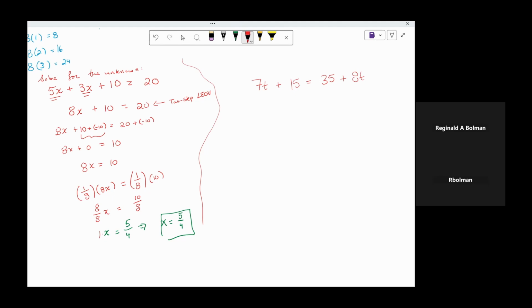Because ultimately, it's not going to matter if you move your terms from the right side to the left side or vice versa. Really, what we're looking to do is finesse this equation if we're solving for an unknown number.